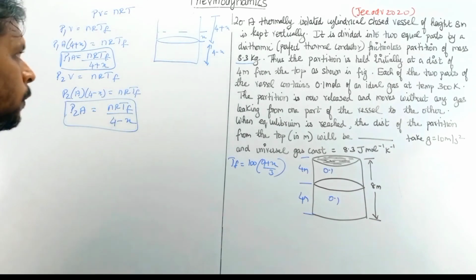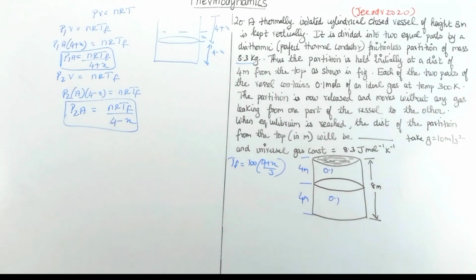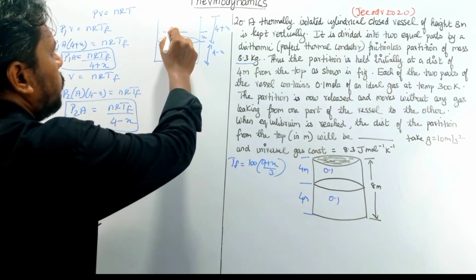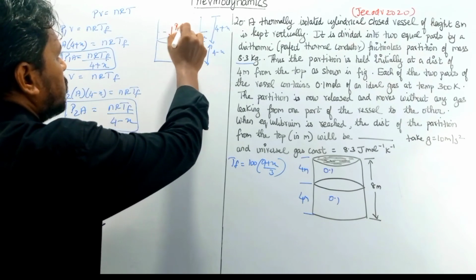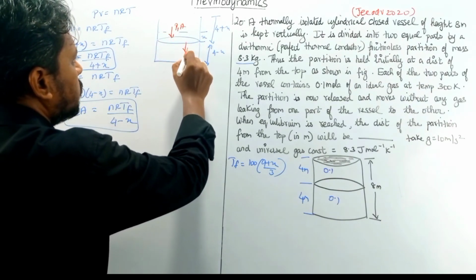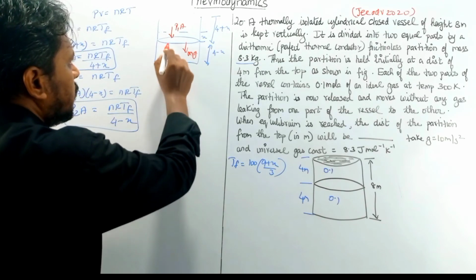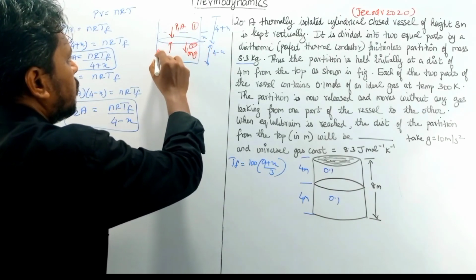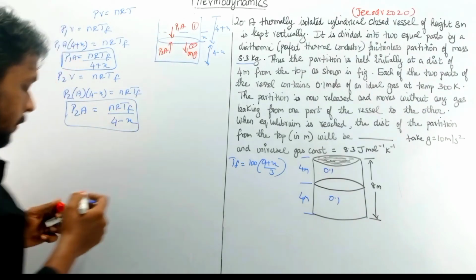Now see from the force equations, this plate: P1A acts downwards, and the weight of this object acts downwards. P2A, because this is 1 and this is 2, P2A acts upwards.